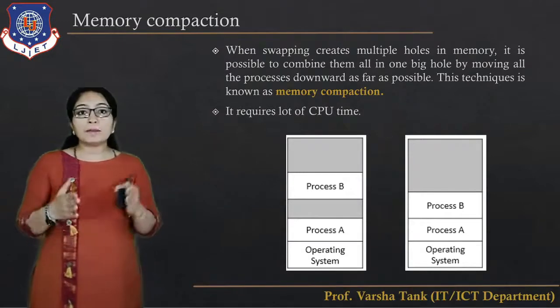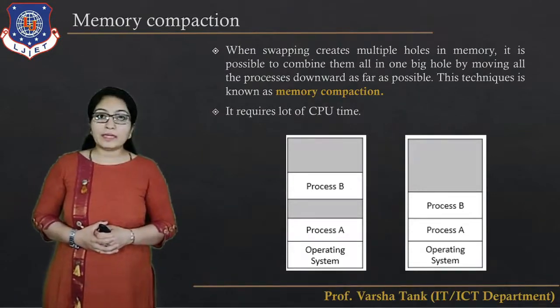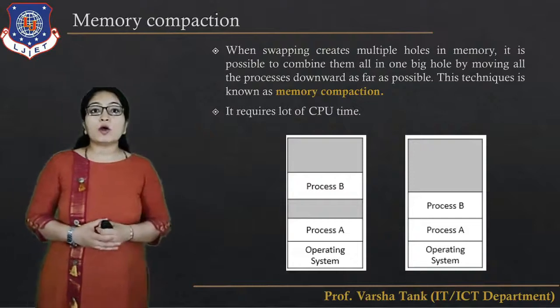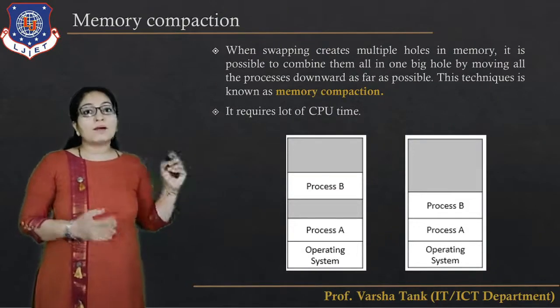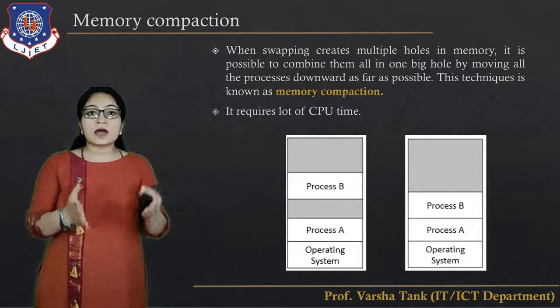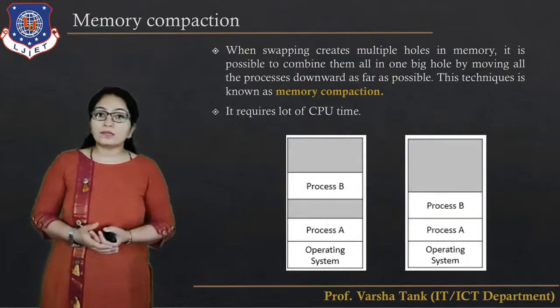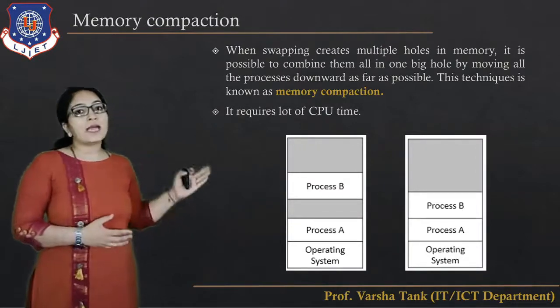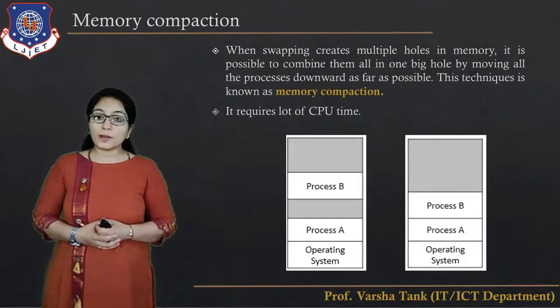When swapping creates multiple holes in the memory, it is possible to combine them all into one big hole by moving all the processes downward as far as possible, and this technique is known as memory compaction.